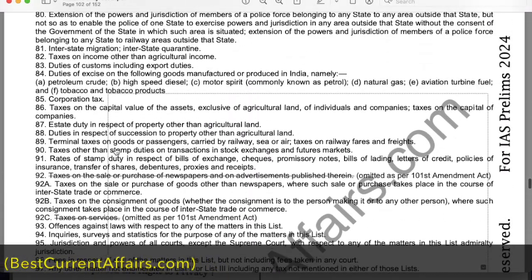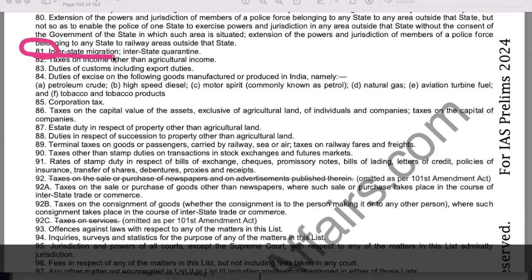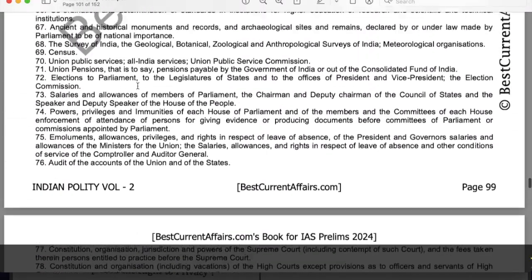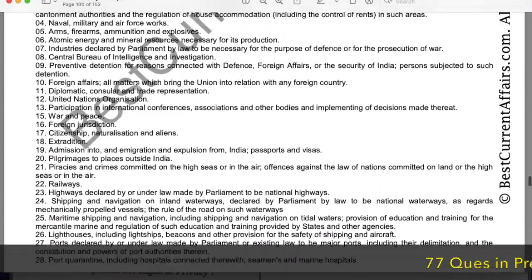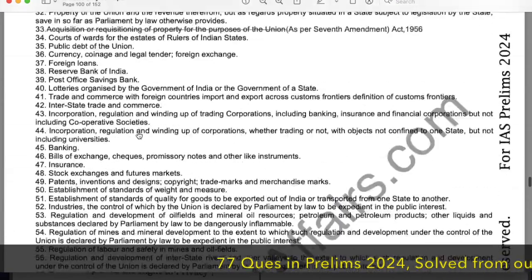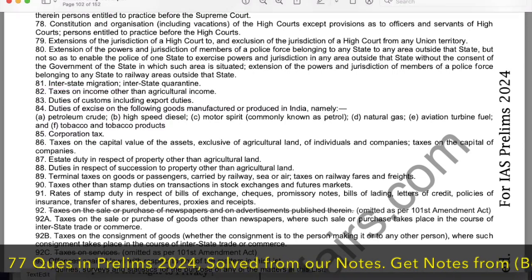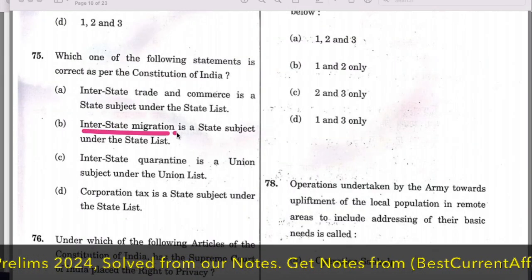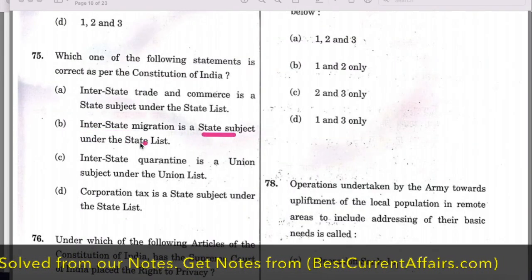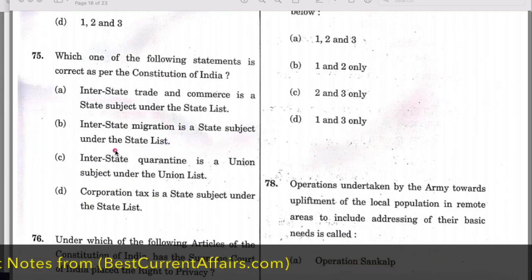You see the list of union list, entry number 81, interstate migration. So it is a part of the union list. Union list, entry 81, interstate migration. So the statement that interstate migration is a state subject under the state list is wrong. It is a union subject under the union list.